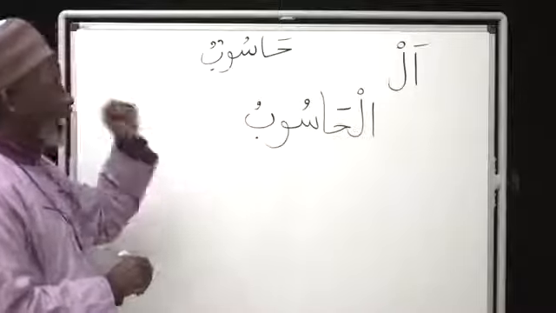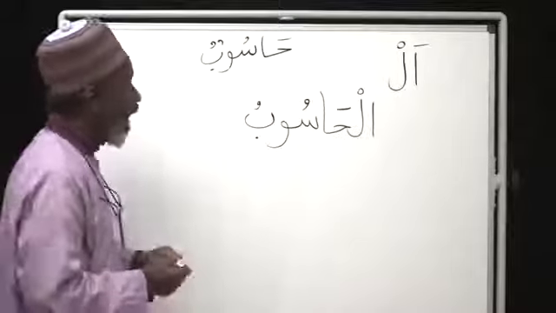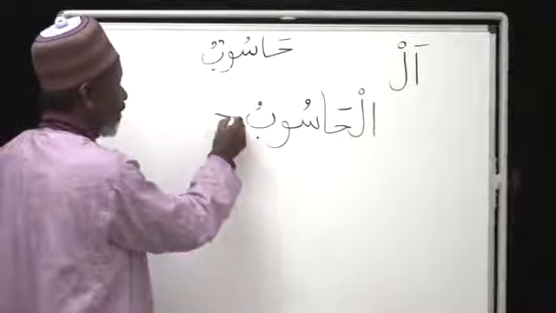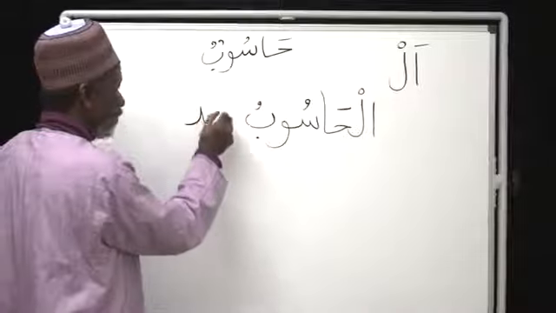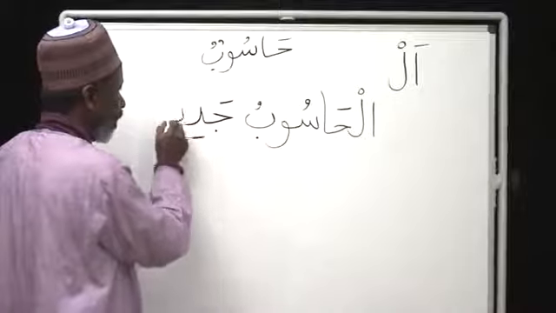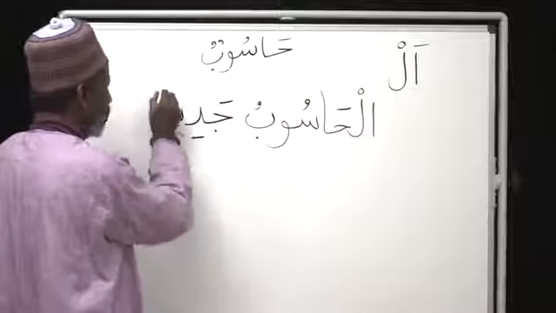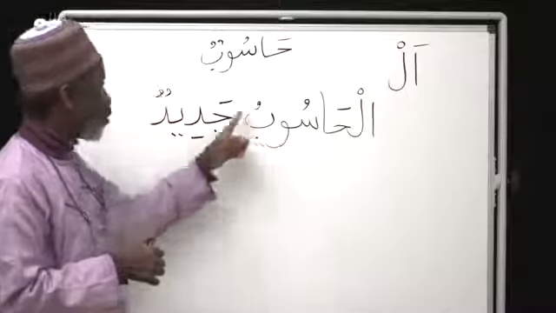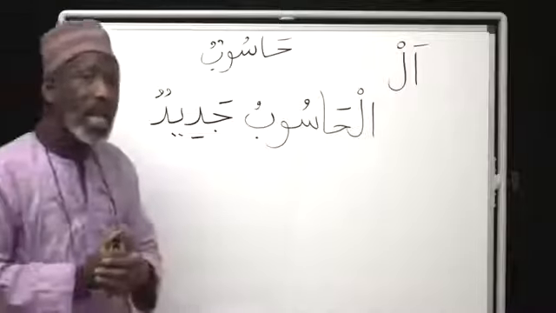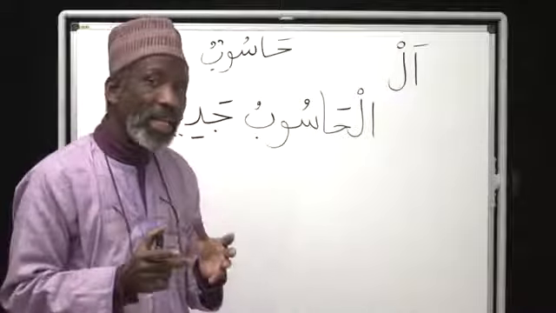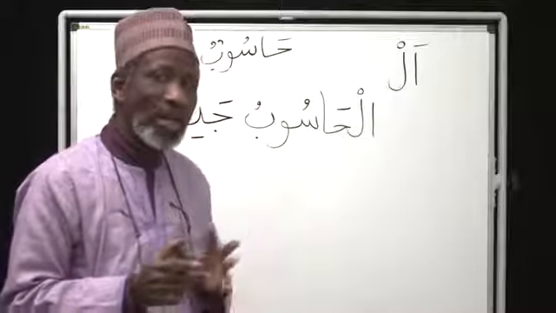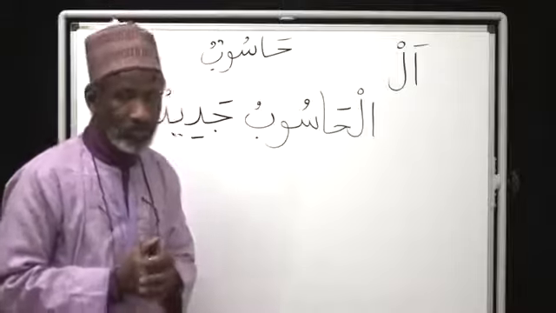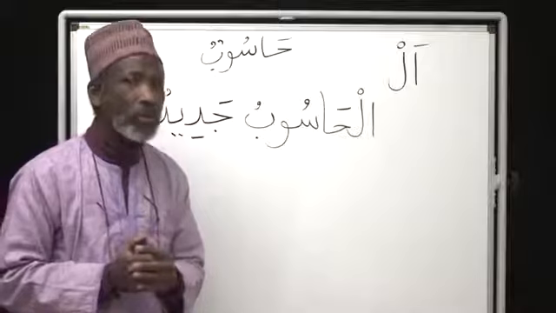So remember, al-hasubu. Okay. What about if I put jadidun here? Jadidun. Al-hasubu jadidun. Think of the literal meaning of what you are looking at in front of you, and that will help you a lot.